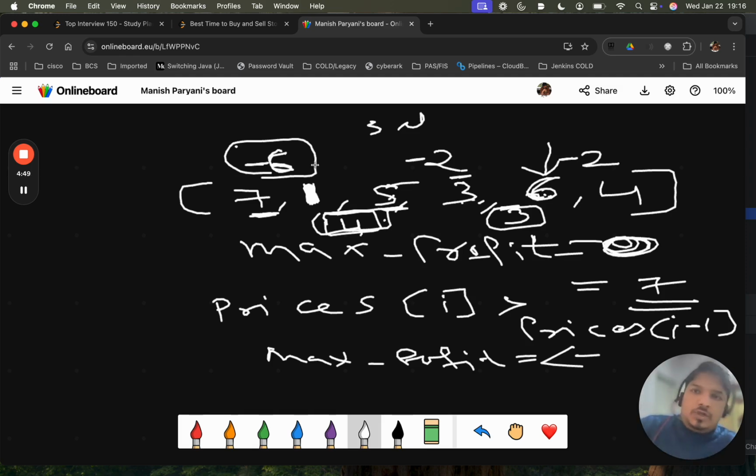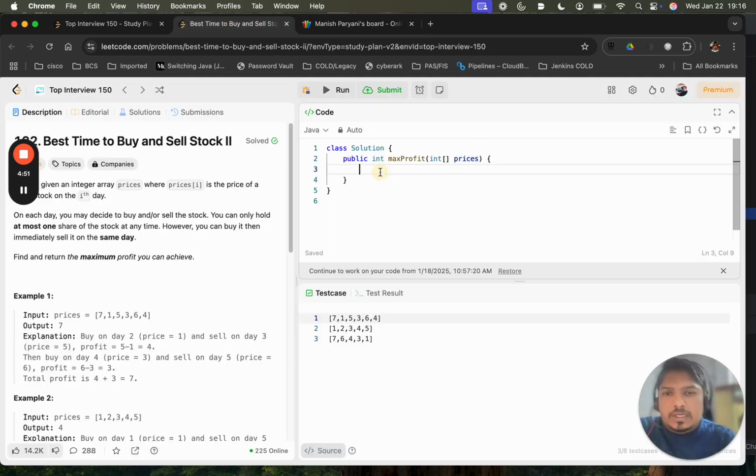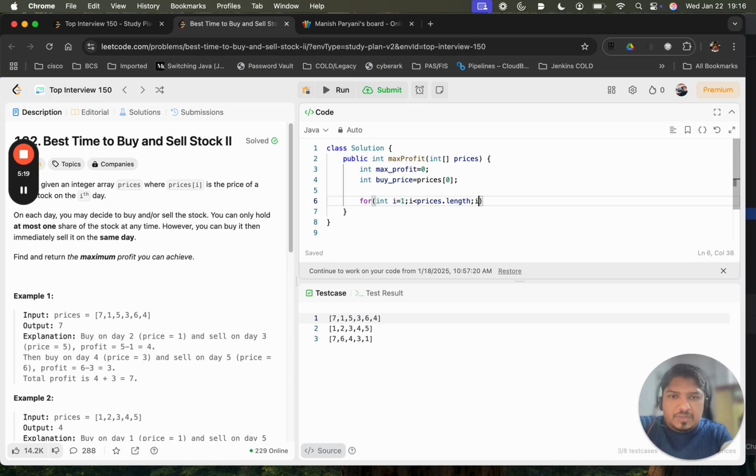Let me write the solution, then you will be easily able to understand. So initially our profit will be 0, and initially my buy price will be the price on the very first day. Now I'll run a for loop, i less than prices.length. And this is a greedy algorithm. Every day we are buying and then selling on the immediate next day.